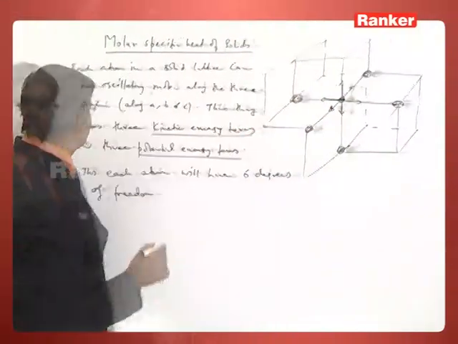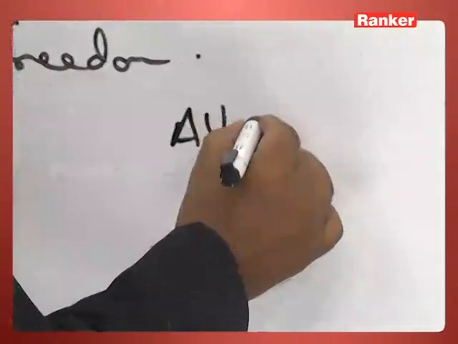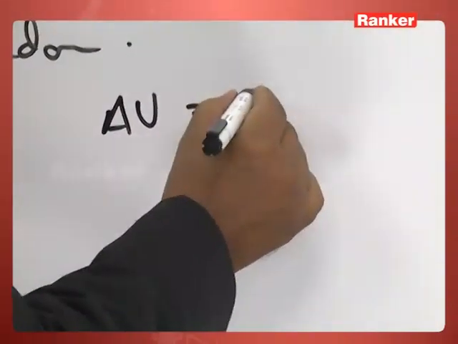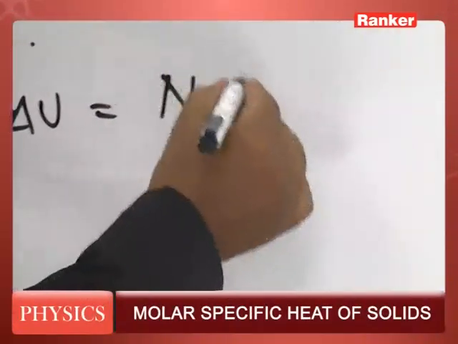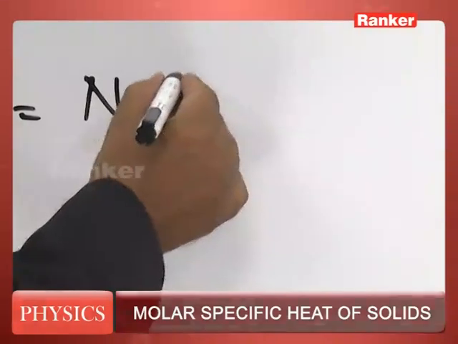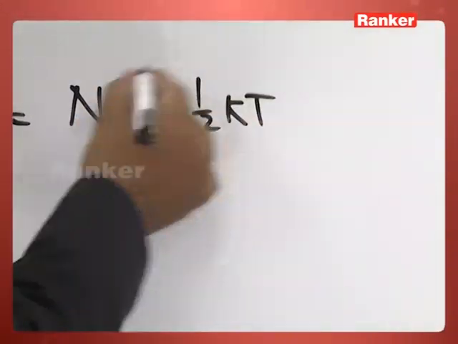Thus the internal energy expression, which we write, is total number of atoms N into degrees of freedom f into half kT amount of energy.